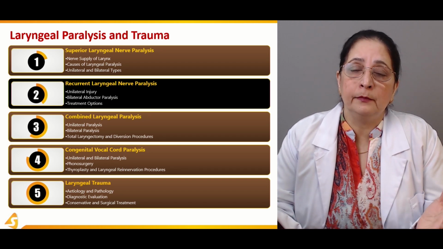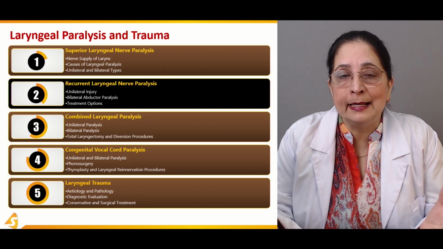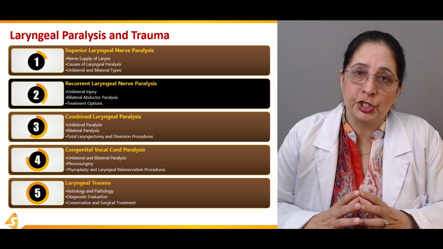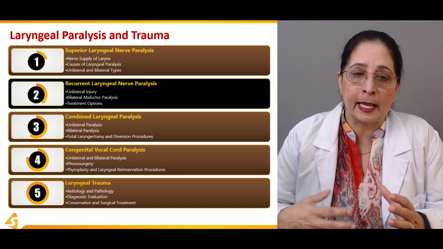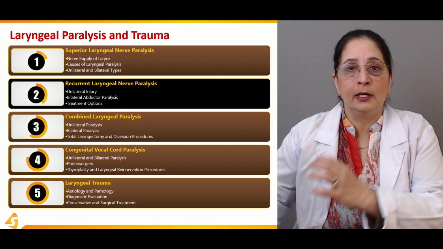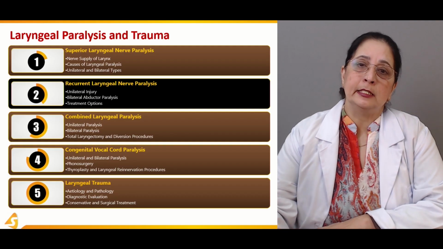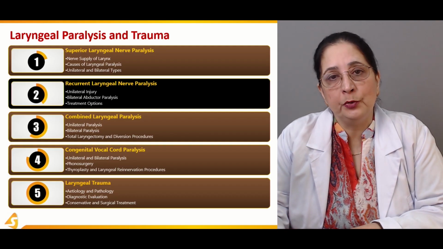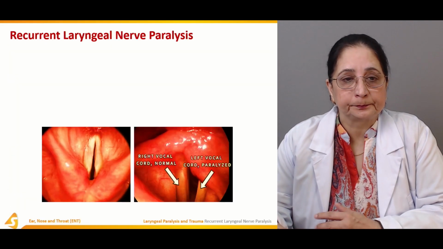Abduction is moving away from the midline, whereas adduction is moving towards the midline. So this is bilateral abductor paralysis, and then we will also discuss the treatment options for unilateral and bilateral paralysis.